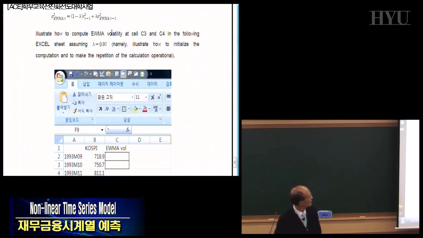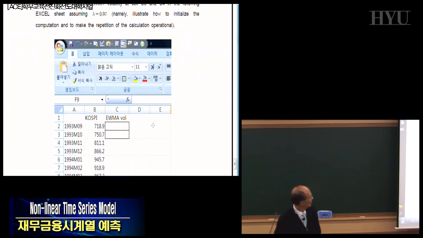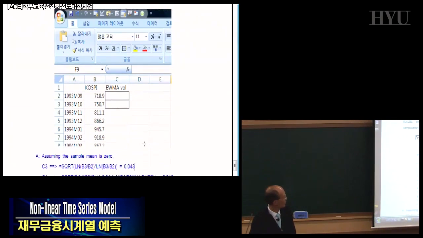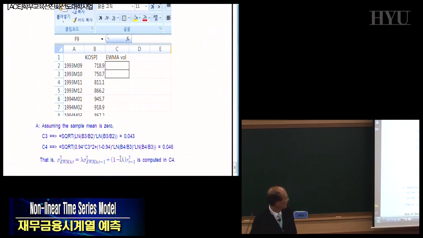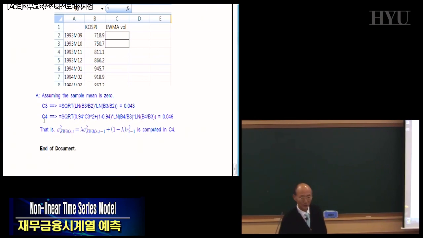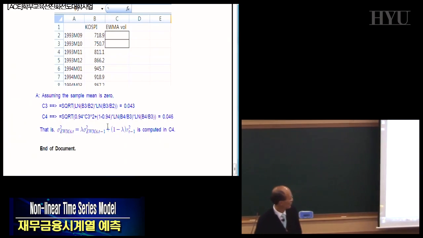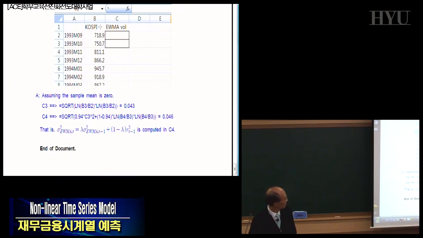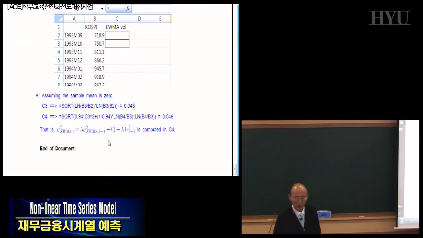So this is volatility, right? Not the variance. And then calculate this side and take square root, and that's C4. Okay. So something similar to this one is what I expected from this question.